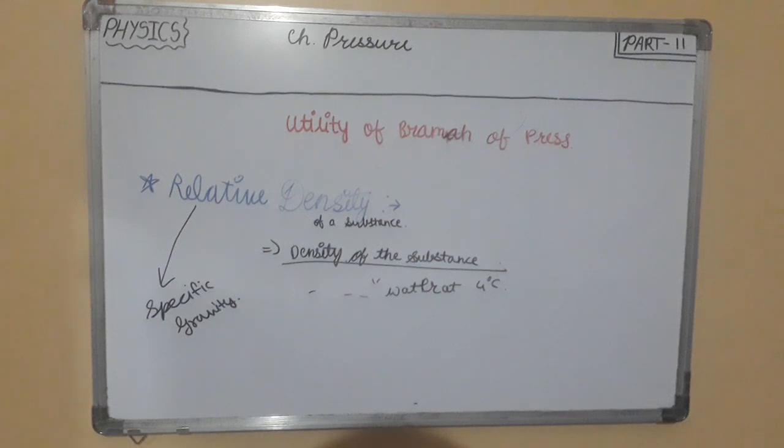Significance of relative density: relative density of a substance tells us how many times the substance is denser than water. Example, if the relative density of a substance is 6, it means that the substance is 6 times denser than water. Relative density in terms of weight of body and weight of water displaced by the body.